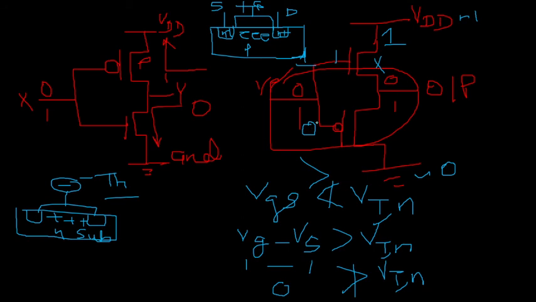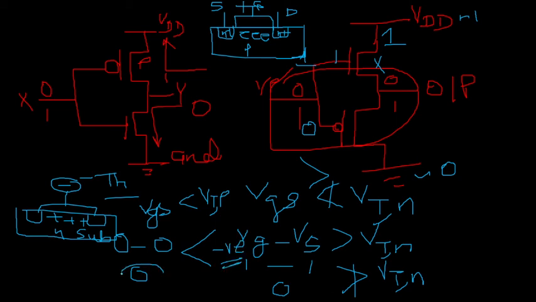At that time, for PMOS the condition is VGS should be less than the threshold voltage of PMOS. So the gate voltage is 0 minus the source voltage, which is also 0. So 0 minus 0 is 0, and VTP is negative. So 0 cannot be less than the negative value. That means you cannot connect PMOS at the bottom and NMOS at the top.